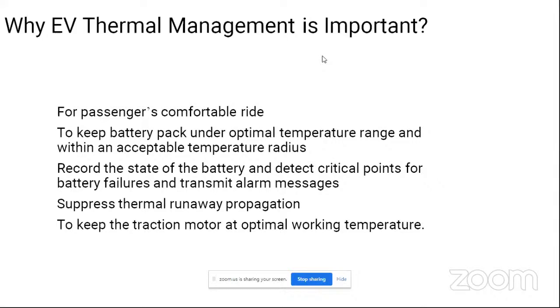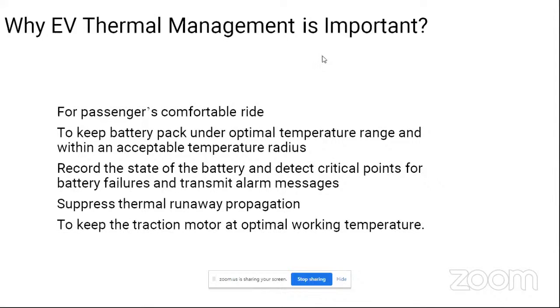Third one is to record the state of the battery, detect critical points for battery failures and transmit alarm messages. These cells work on chemical reactions within them, so we always have to monitor that everything is going fine. If something is going bad, we have to monitor it and stop it. There is a term in industry called corrective and preventive action. Some places are there where we can take corrective action, and some places where we can't.